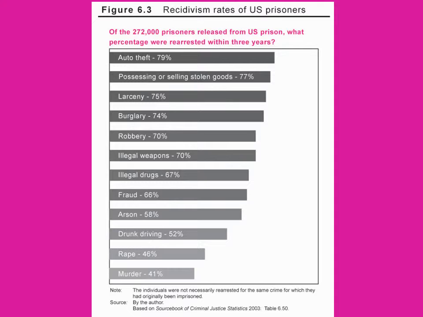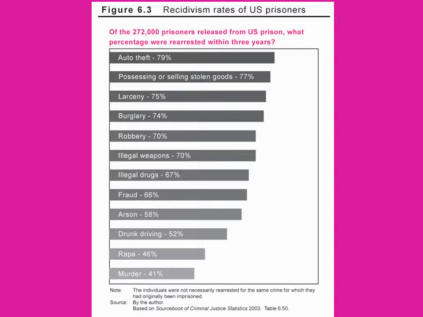But you can also see here that there are different recidivism rates for different crimes. So that would be a complicating factor in your research for sure. How do you deal as a researcher with determining overall recidivism increases or decreases when the baseline rates for people convicted of all these different crimes are different?